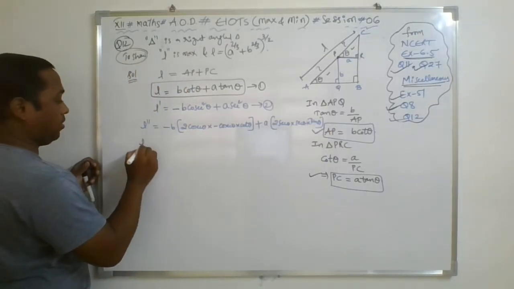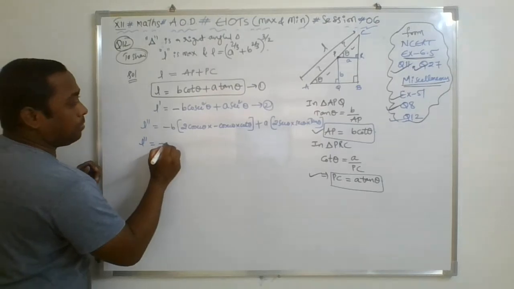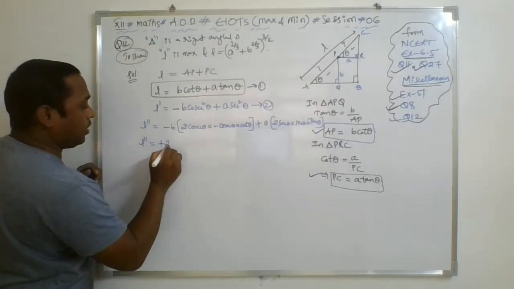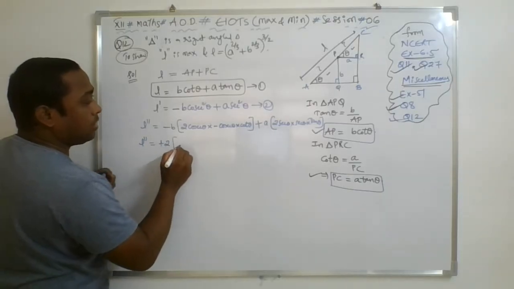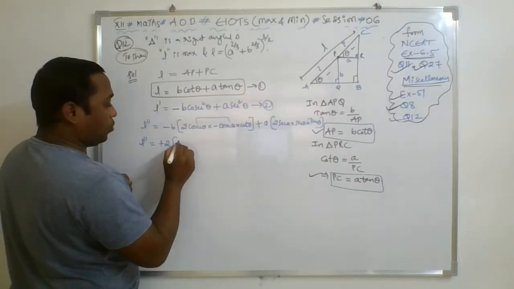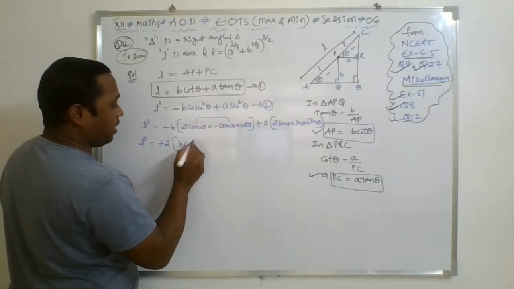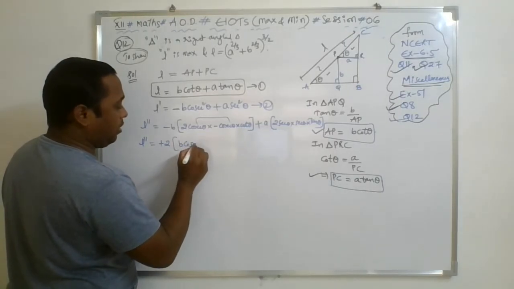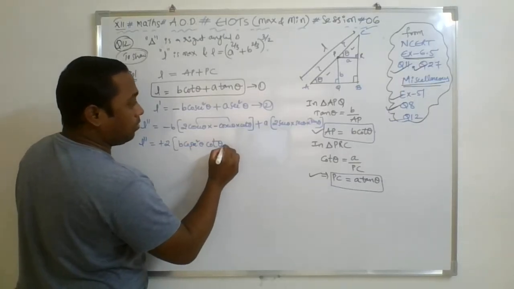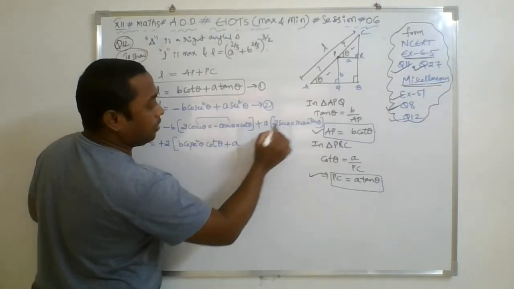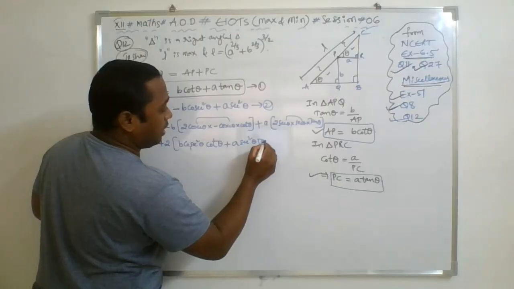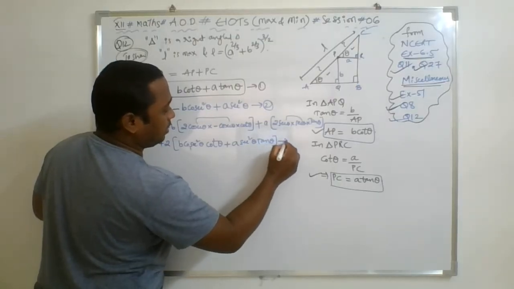Just simplify this: minus into minus is plus, and 2 you can take as a common factor. It becomes B cosec square theta into cot theta plus A sec square theta into tan theta. This is result number 3.